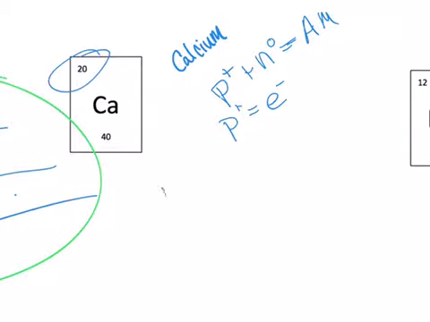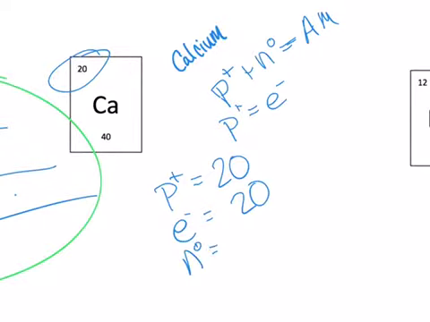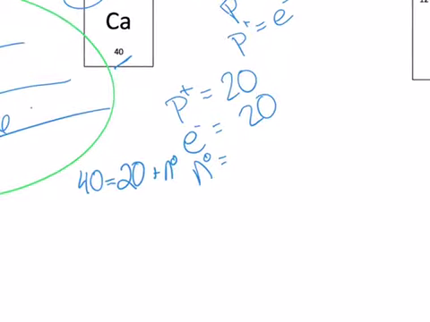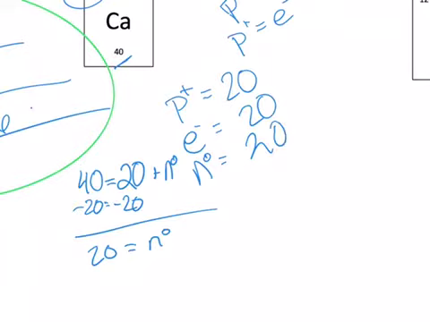Our protons equal 20. Our electrons equal 20. And our neutrons: 40, our atomic mass, equals our number of protons, which is 20, plus the number of neutrons. We subtract 20 from both sides, and we get 20 equals neutrons. So the number of neutrons we have is 20.